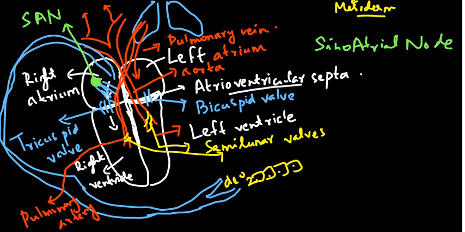These electrical impulses will pass on to another nodal tissue which is present near the atrioventricular septum, and this is called the atrioventricular node.